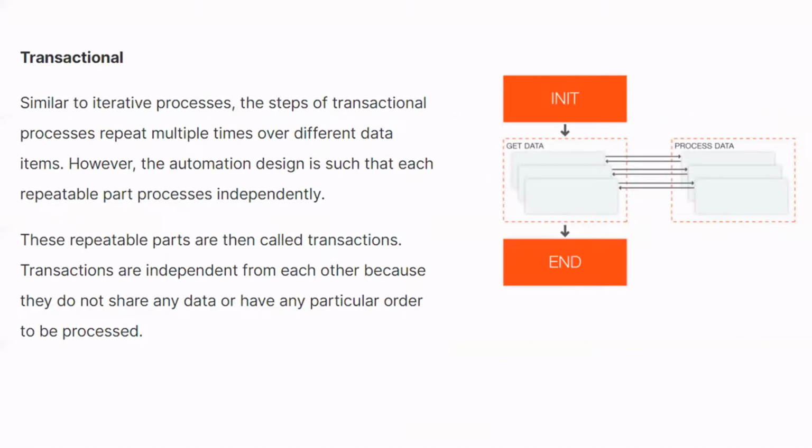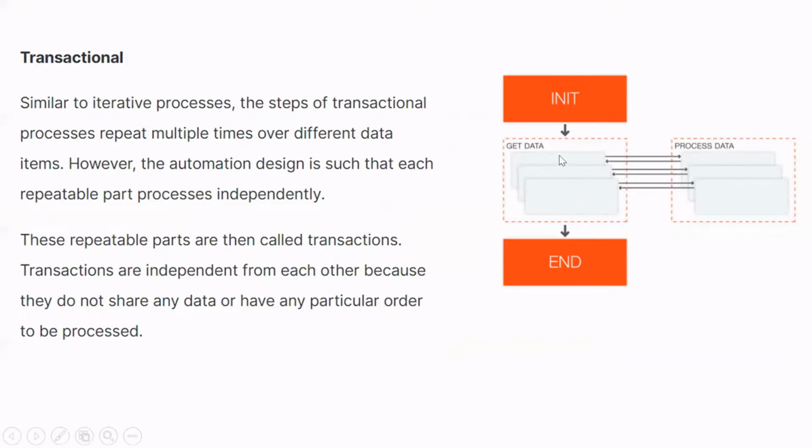What's the difference between iterative and transactional? It is the same: we have four steps here as well. We have init, get data, process data, and end. In the init, we do initialization. We launch the portal, the same as we did in the linear and iterative ones.